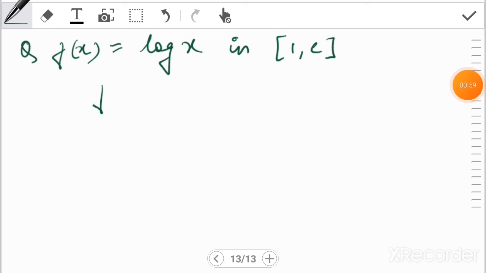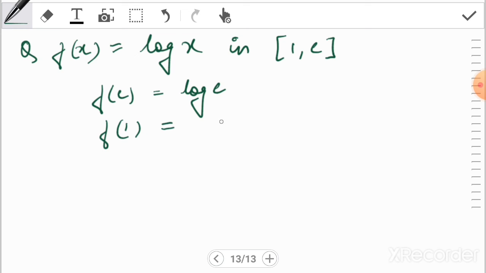So now f(e) is equal to log e and f(1) is equal to log 1, that is 0.